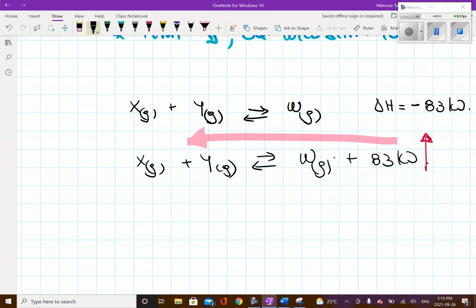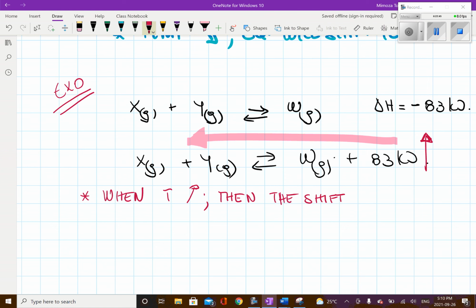Okay, so when the temperature is increased, and now we have an exothermic reaction, the system will shift to the left.